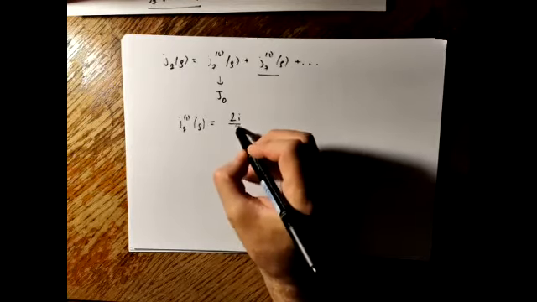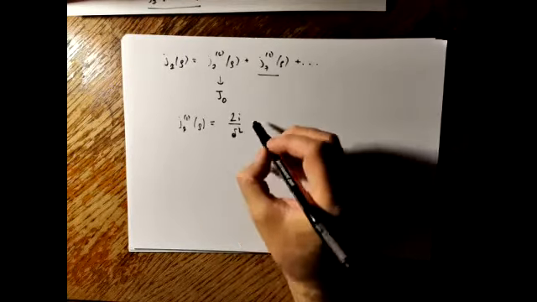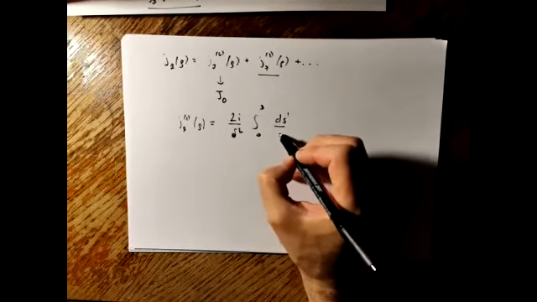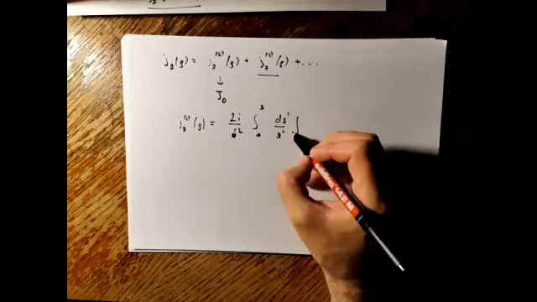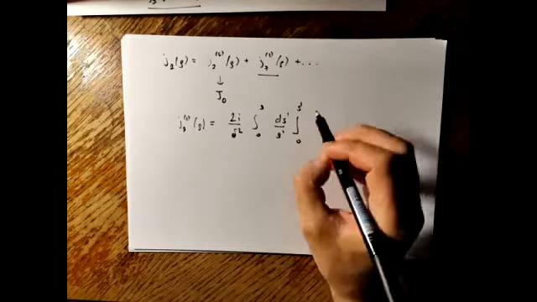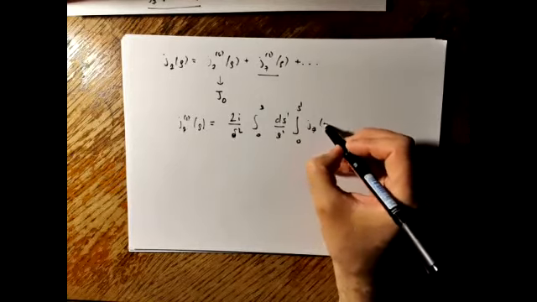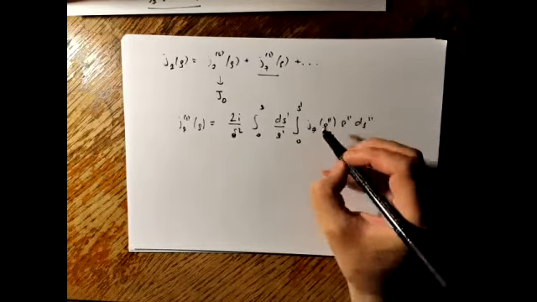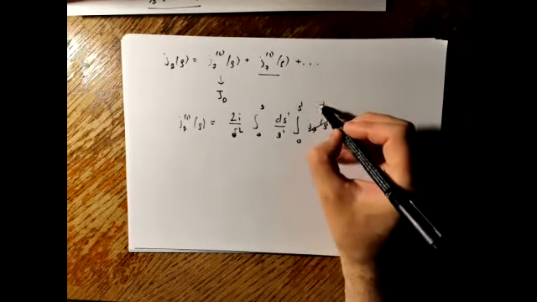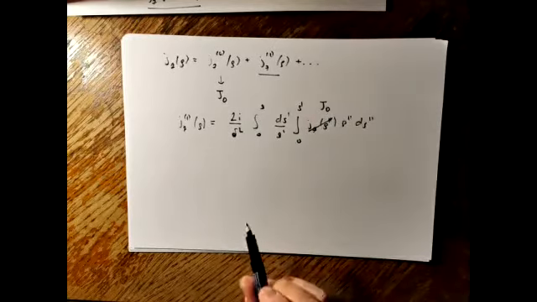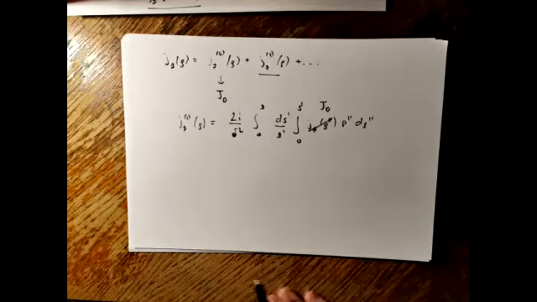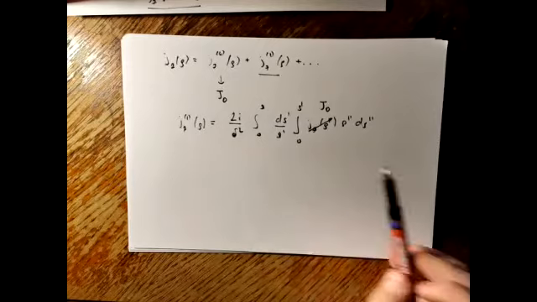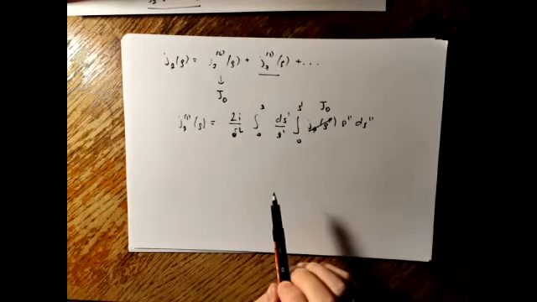So 2I over delta squared, integral from 0 to rho, d rho prime over rho prime, integral from 0 to rho prime of Jz rho prime prime, rho prime prime, d rho prime prime. Sorry, what I should have placed here is our 0th order approximation. So this will give us the first order one, and this is an easy integral to do.